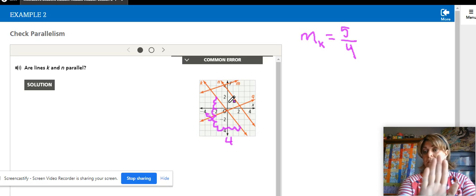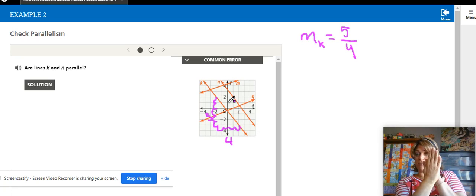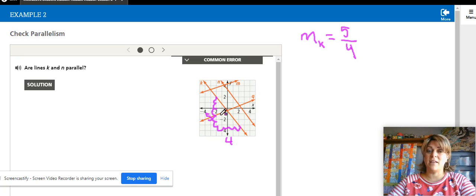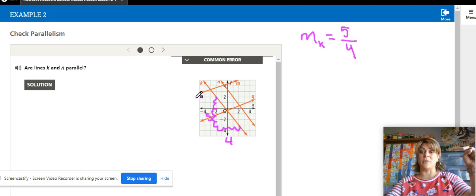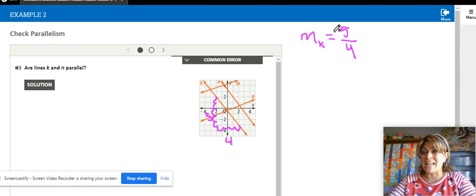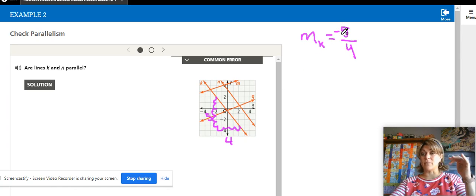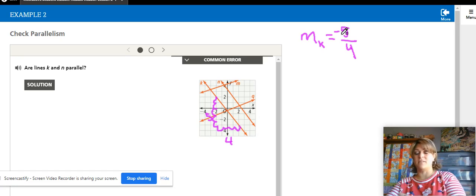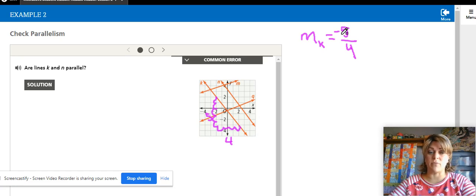On the video, I literally cover up the graph and slowly move my hand from left to right, just like you're reading a book. So cover up the graph and reveal it. If you can see the line going downward as you're revealing it, like this one is, it's going downward. So I know that's a negative slope. It's going negative or down the graph because you always read a graph left to right.